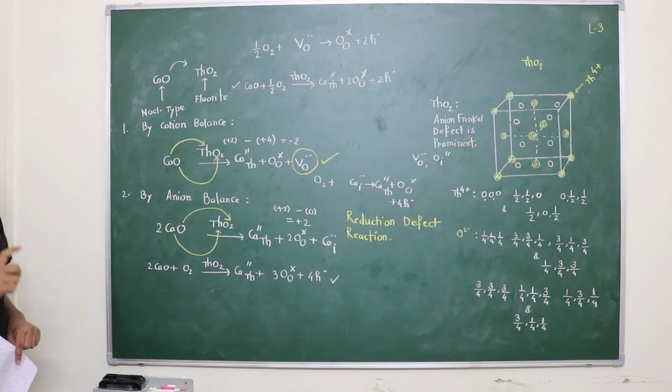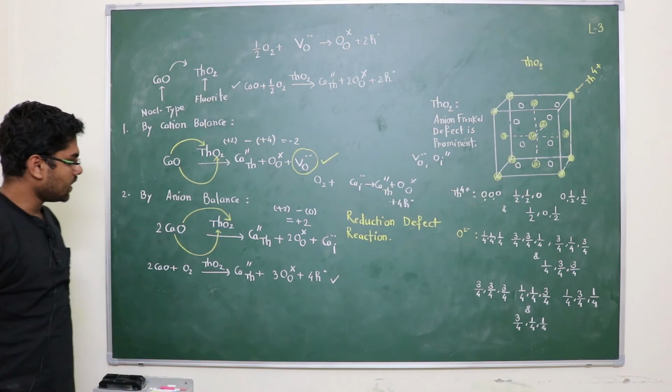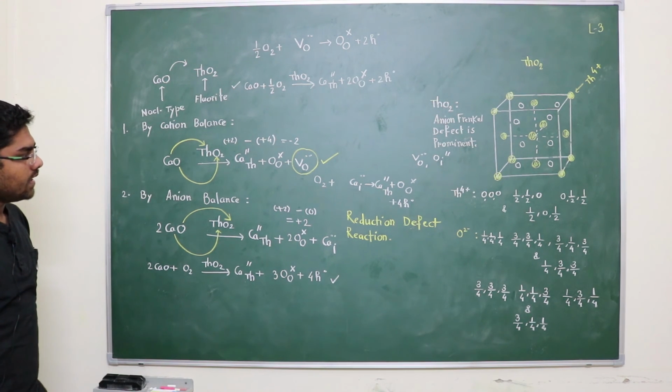So in the last lecture we learned the oxidation defect reaction, and right now we learned how to write and balance the reduction defect reaction.